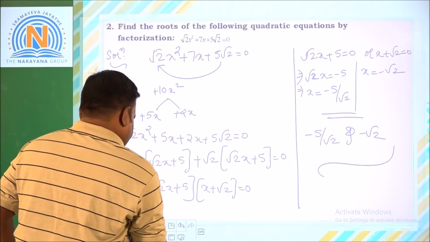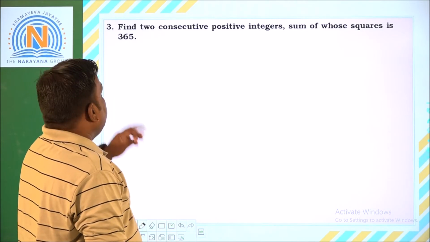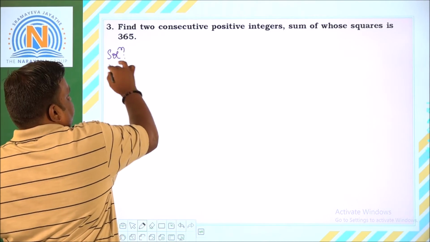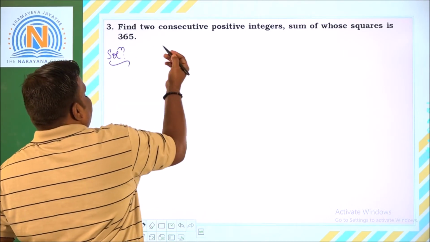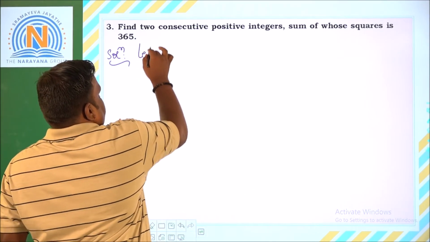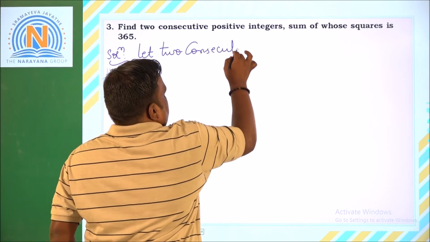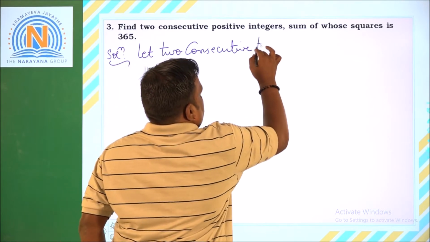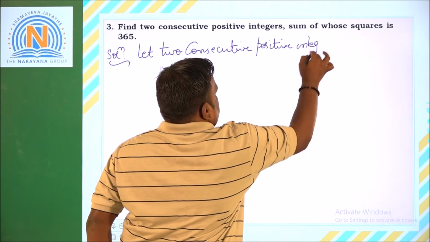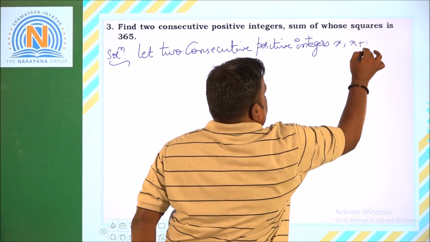Now coming to the next question. Find two consecutive positive integers, sum of whose squares is 365. So we have to take two consecutive positive integers. Let the two consecutive positive integers be x and the next one will be x plus 1.